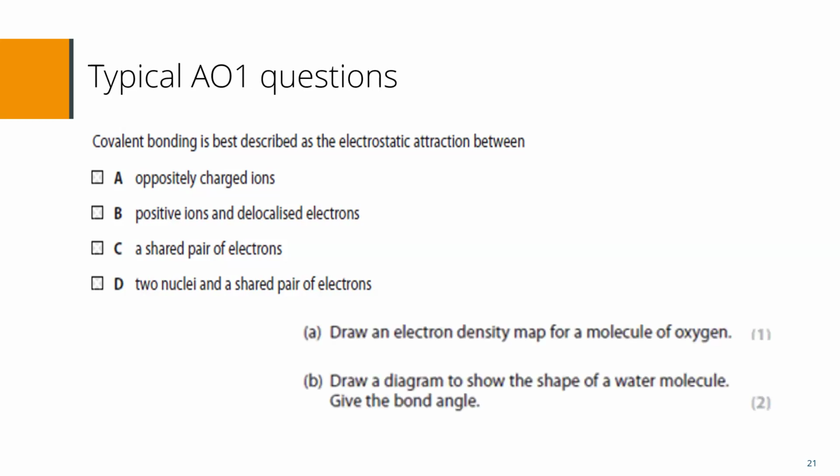Draw an electron density map for a molecule of oxygen. That is a specification point. They need to know the density map for a molecule of oxygen, and they do need to know the shape of the water molecule, and they need to know its bond angle. So they are AO1 questions.